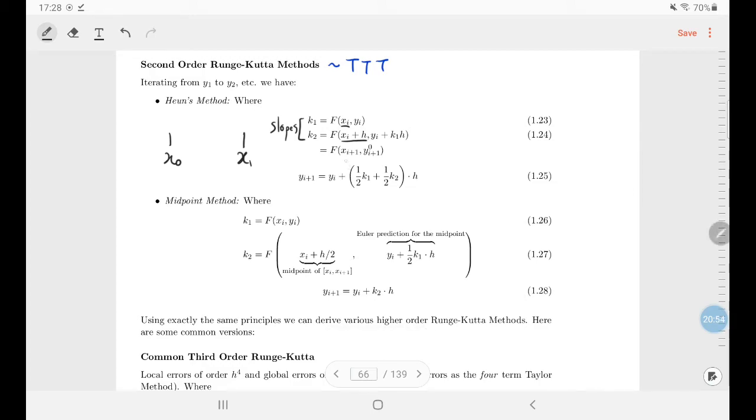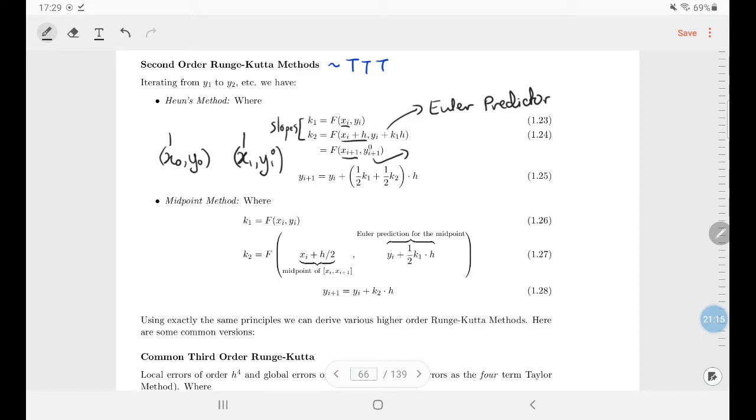So the next x point is easy, but what about the next y value? Well, use an Euler predictor. So you have x0, but in general you also have y dependence, so this could be y0, and you use x1 plus some Euler predictor.